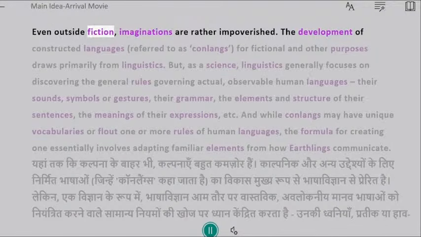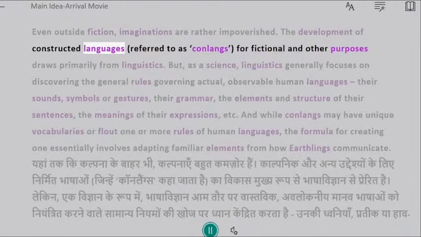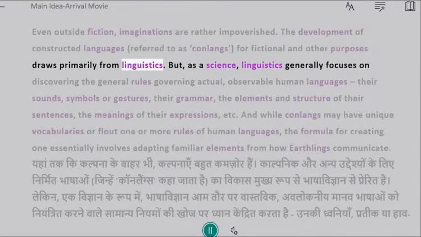Even outside fiction, imaginations are rather impoverished. The development of constructed languages, referred to as conlangs, for fictional and other purposes draws primarily from linguistics.